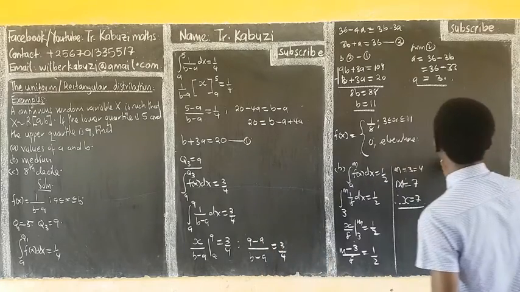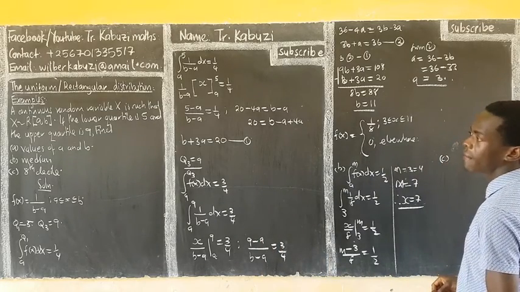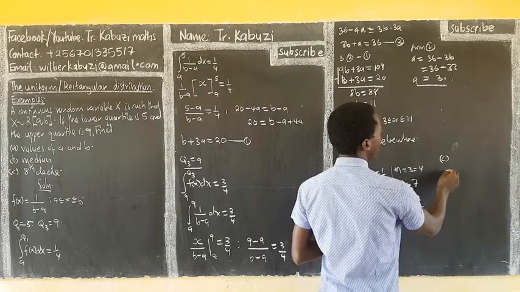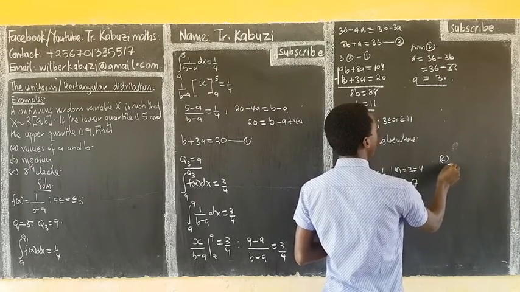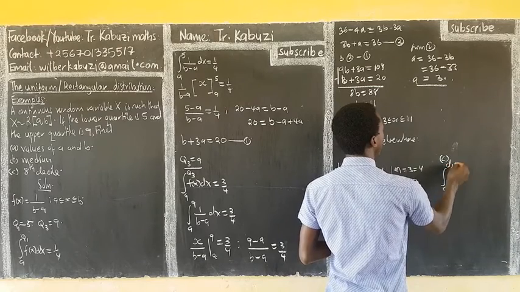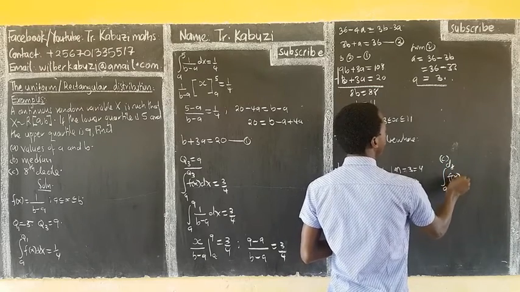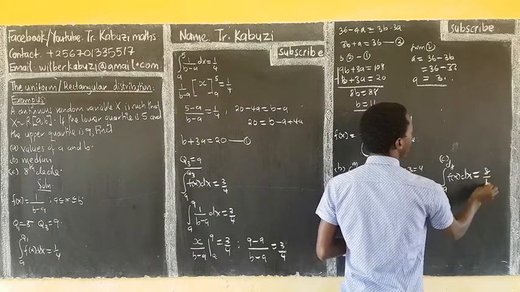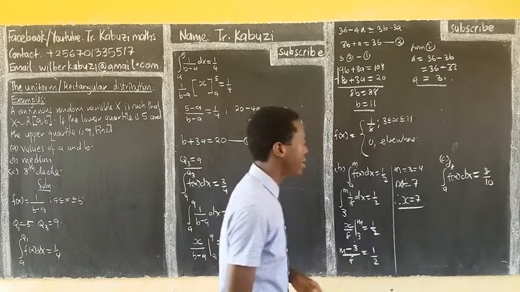Then part c, they want me to get the 8th decile. So this will be the integral from a to the 8th decile I want, of f of x dx equaling 8 over 10. This I will always divide by 10.